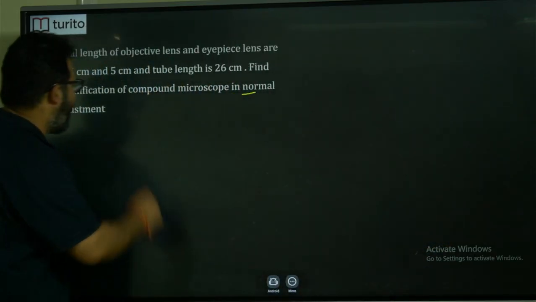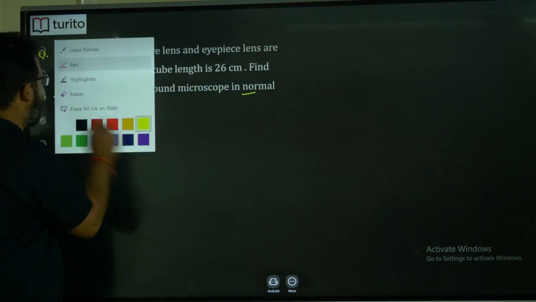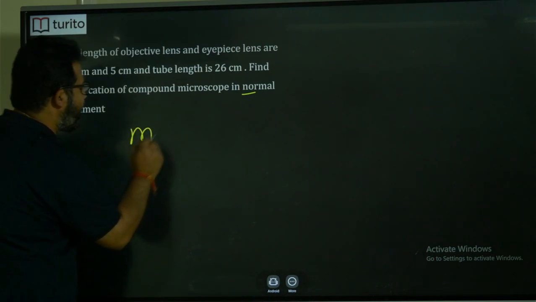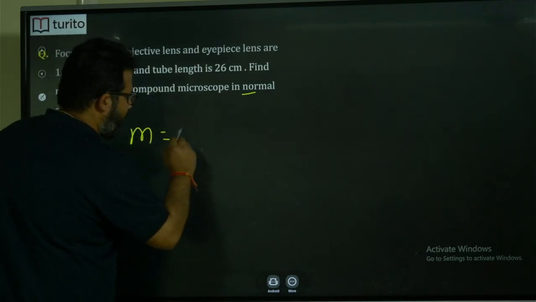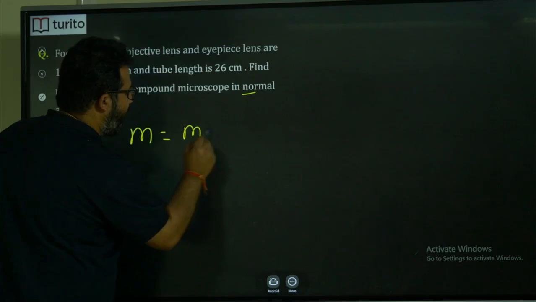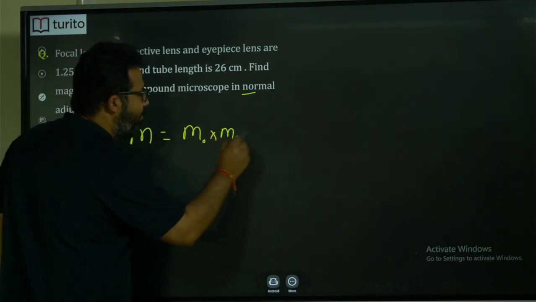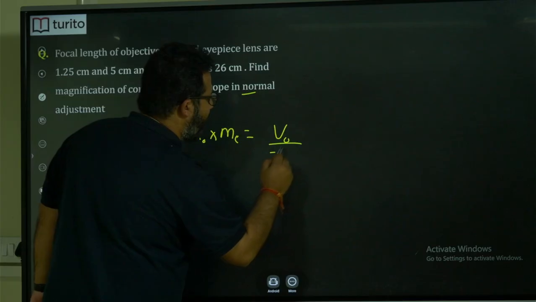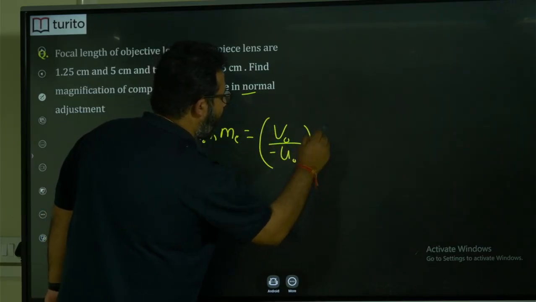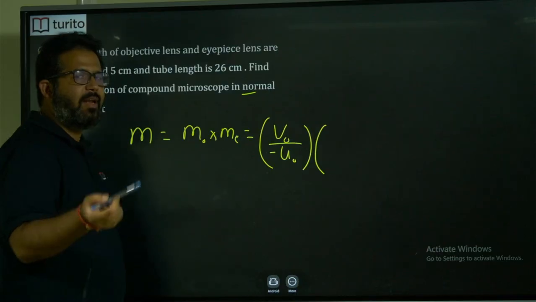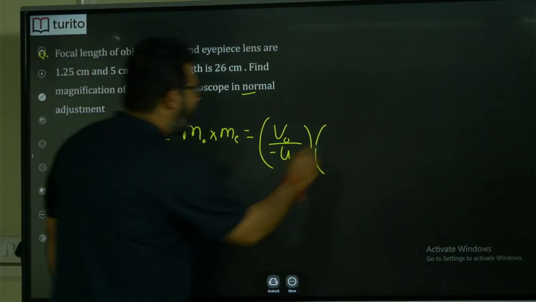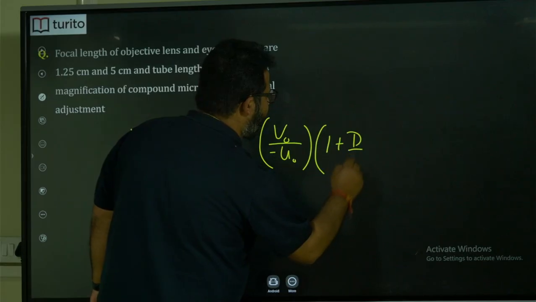The formula for the compound microscope: magnification M is equal to MO into ME. That will be equal to VO by UO, minus, into 1 plus D by FE when the final image is at LDDV, and when the final image is at infinity it is just D by FE.